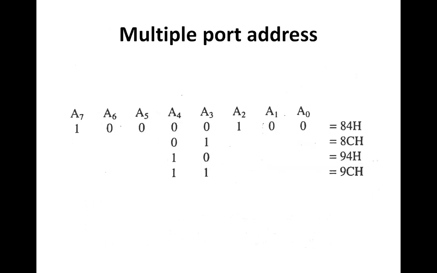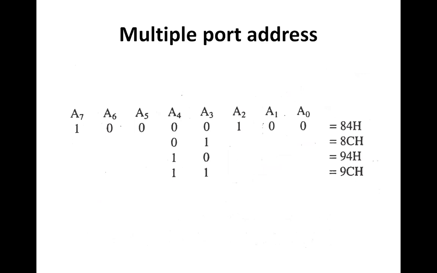Now the multiple port address. We have not used A4 and A3 in this decoder circuit. So the logic level of these lines may be 00, 01, 10, or 11.